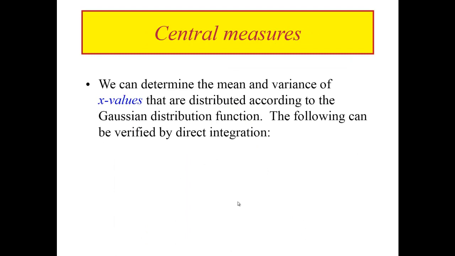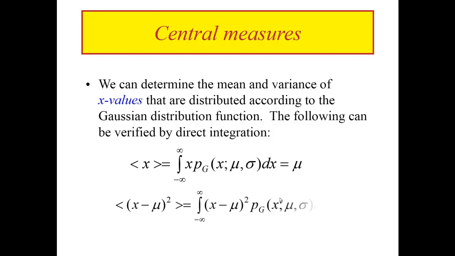Of course, with all of our probability distributions, we want to characterize them by the relevant central measures, the mean and the variance. It's pretty obvious, although it's good to check, that if you evaluate the mean value or the expected value of x using the Gaussian probability function, indeed you get the mean. That's characteristic of distributions that are symmetrical like that.